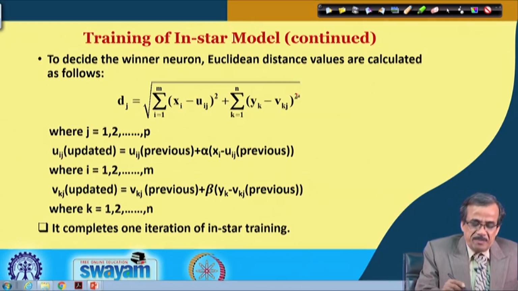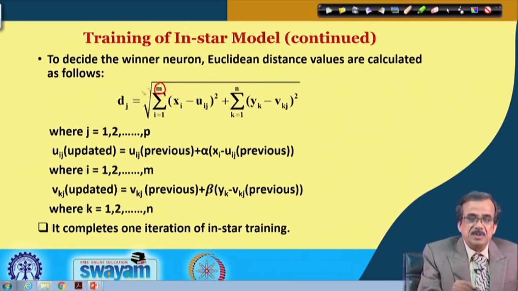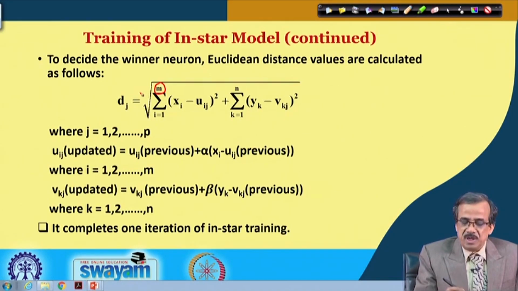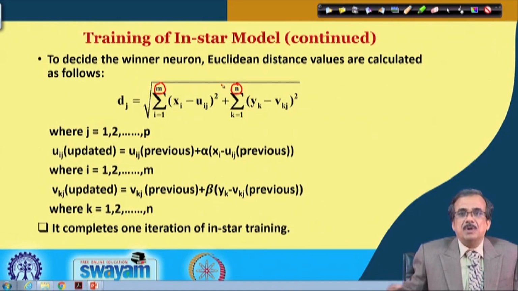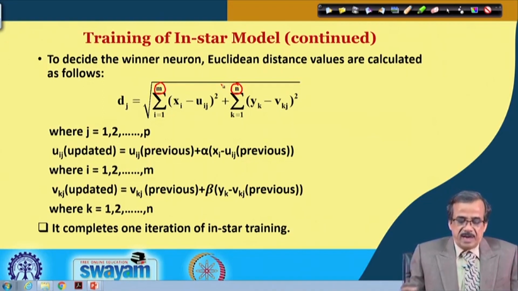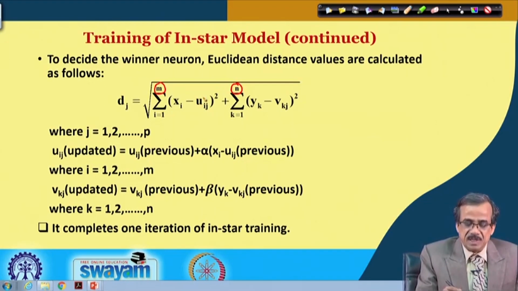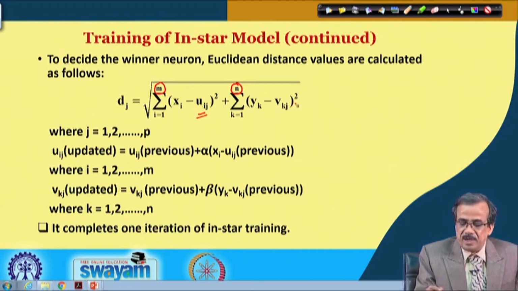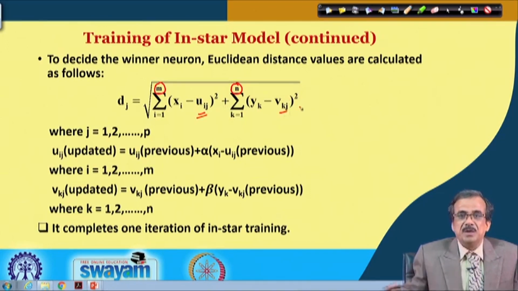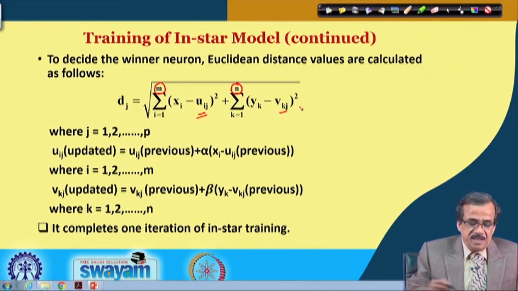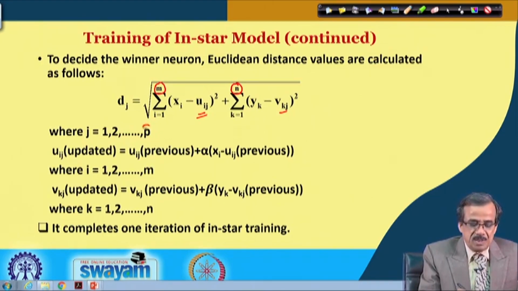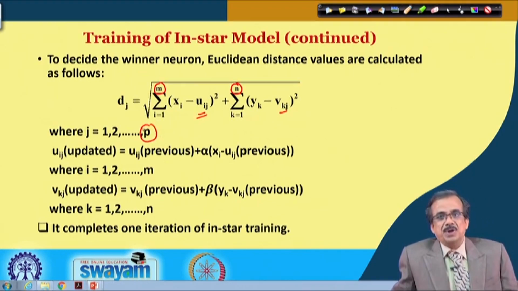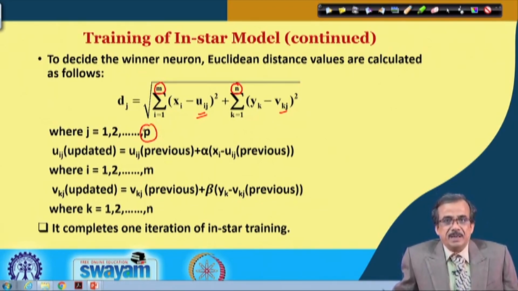Now, if you remember, we have got small m number of x inputs and small n number of y inputs, and u i j is nothing but the connecting weight and v k j is nothing but the connecting weight, and here j varies from 1 to p. So, p is nothing but the total number of neurons lying in the hidden layer.